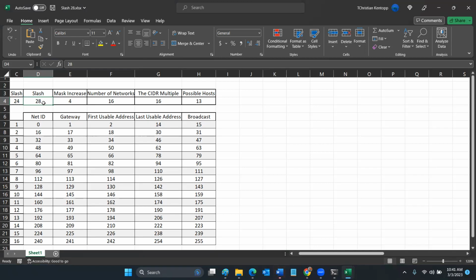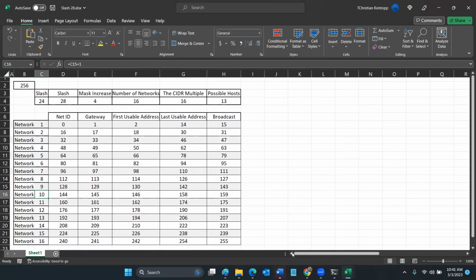What's 2 to the 4th? 2 to the 4th is 16. That means I have even smaller networks, but many more of them. I have 16 separate networks, and if you're on one network and somebody else is on the other, you can't see them and they can't see you. Does everybody get what I'm talking about?